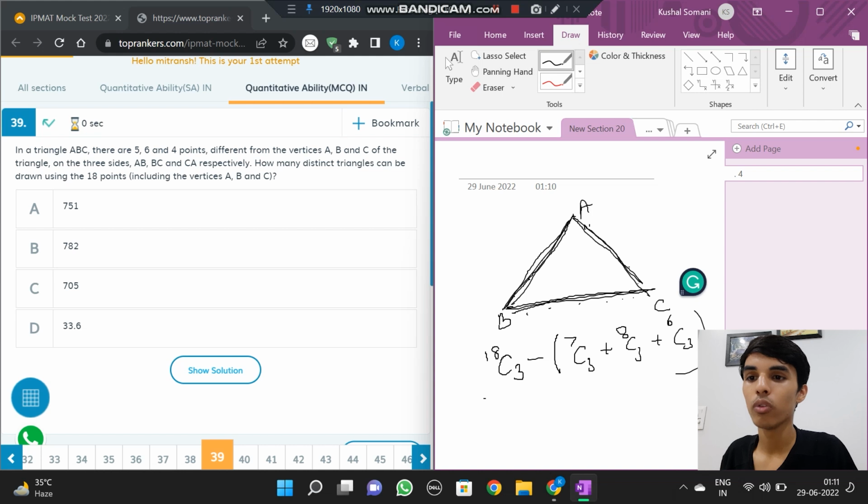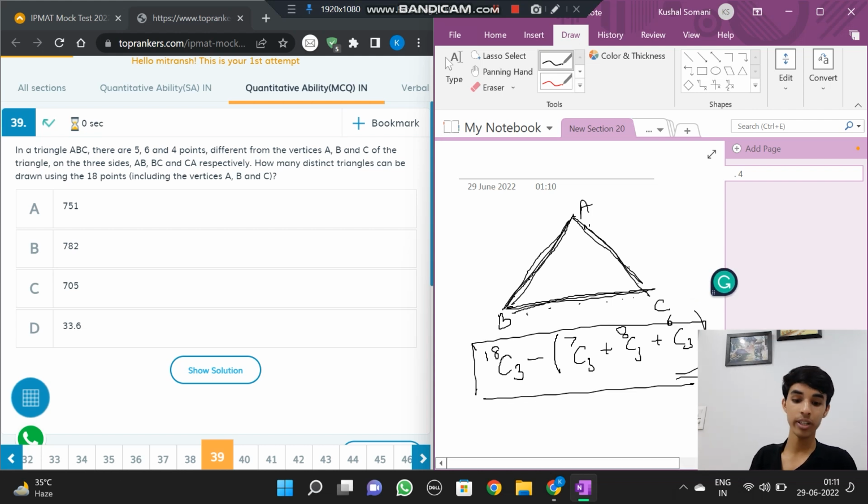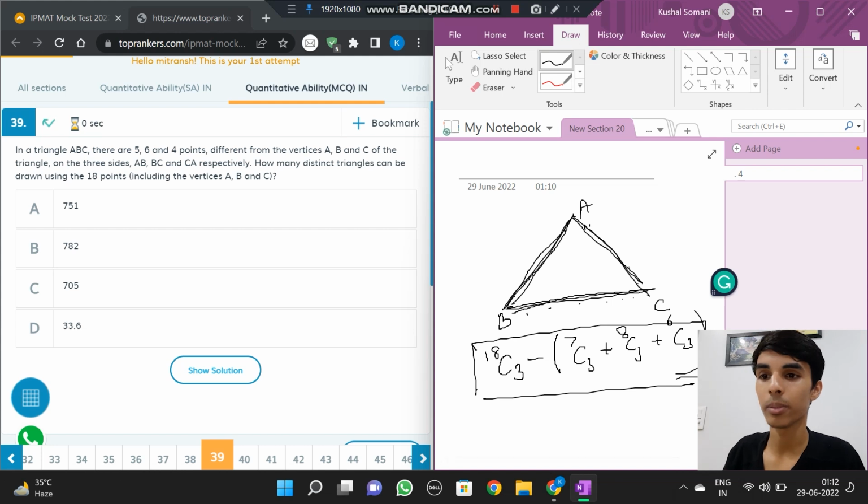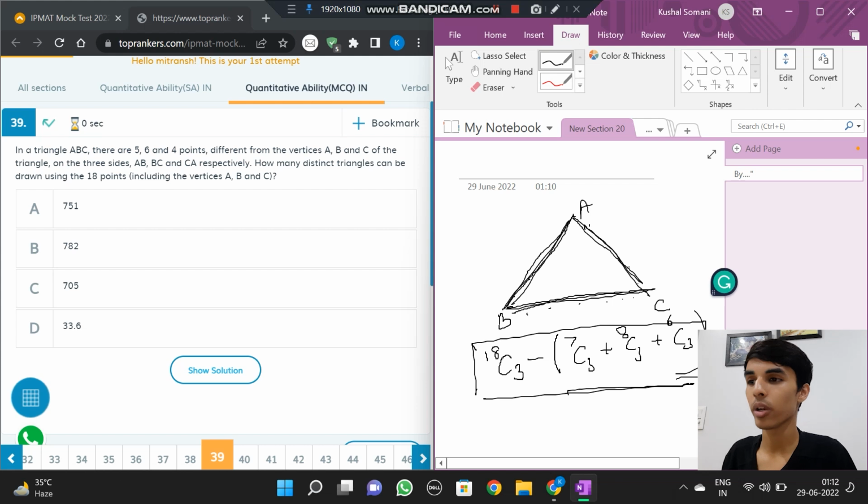So this value will provide us the number of triangles formed using those 18 points which do not form a line. Hence, we are subtracting these values, and by calculating this, we'll get the answer. Again, an easy question. Just these 3-4 calculations are required, and then the subtraction part. We can move on to the next question now.